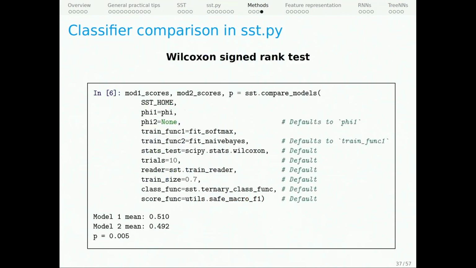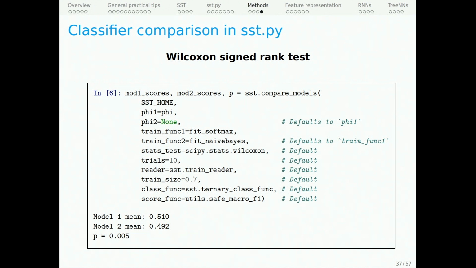So you set up those two model wrappers, and then the two ways you can do this are, first, again, this is a kind of Swiss Army knife, SST compare models. You give it at least one feature function, and if you give only one, it will assume that it should use it for both experiments. And at least one train function. Here you can see I've filled that out with fit softmax and fit naive Bayes. The rest of the things are just default values that you can probably leave alone.